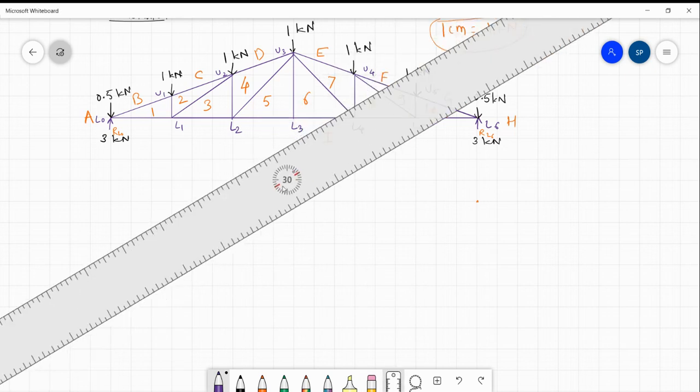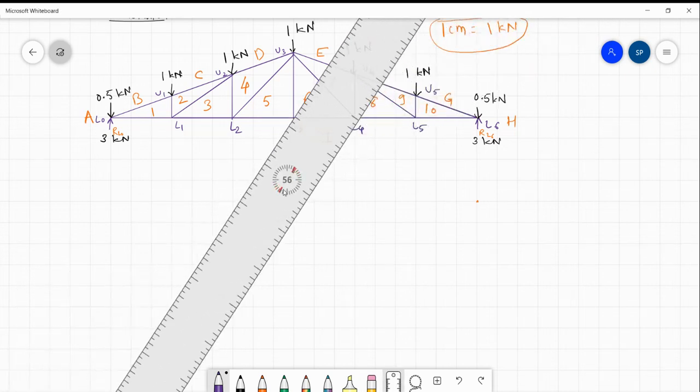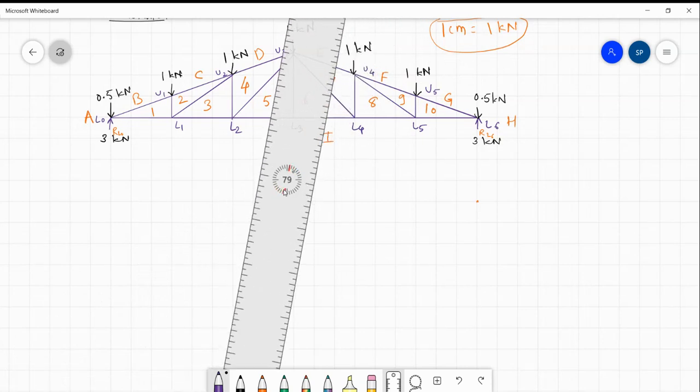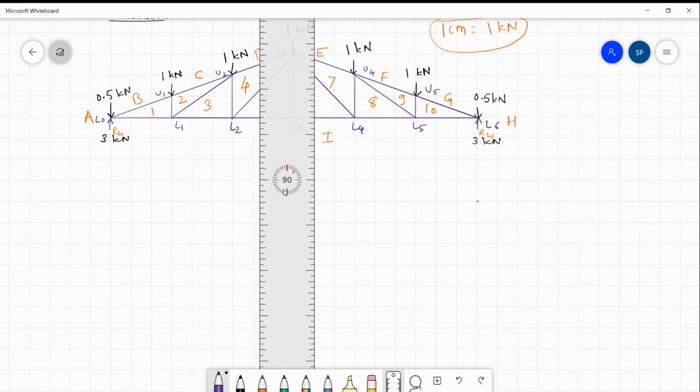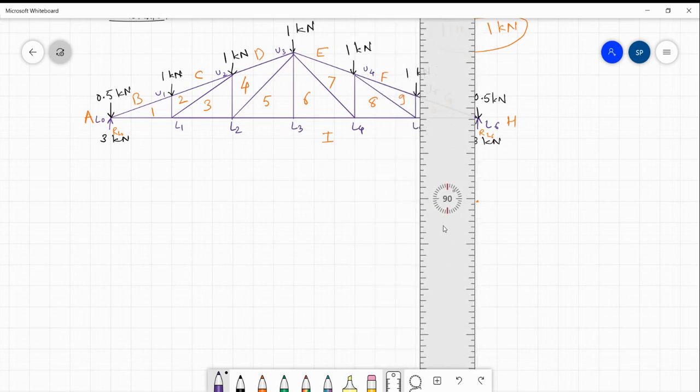So we'll start plotting the line for those particular forces which are acting externally. So first we will be starting with 0.5 kilonewton, first force A to B.